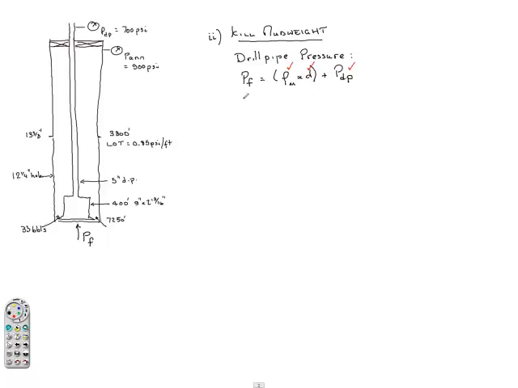So let's do that. PF therefore equals rho m times, let's calculate this out, this is 10.5 times 0.052 times the depth, which is 7250, plus pressure at surface on the drill pipe, which is 700 psi.